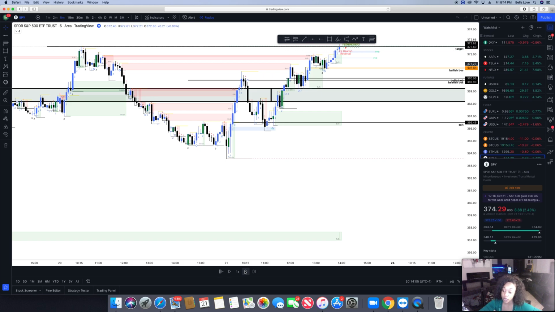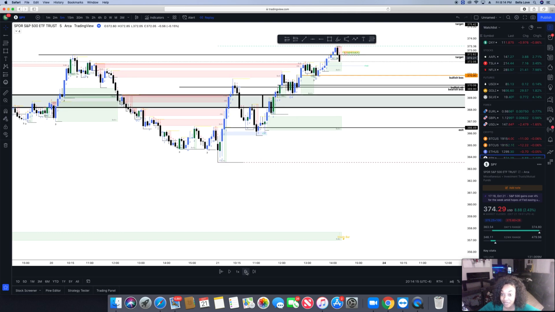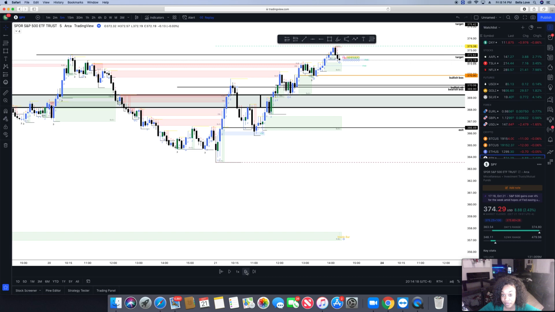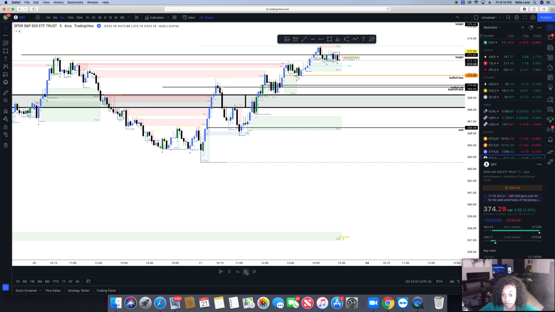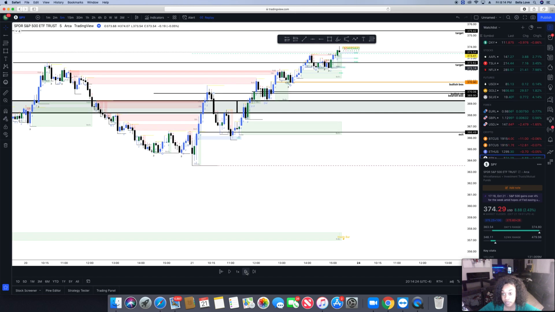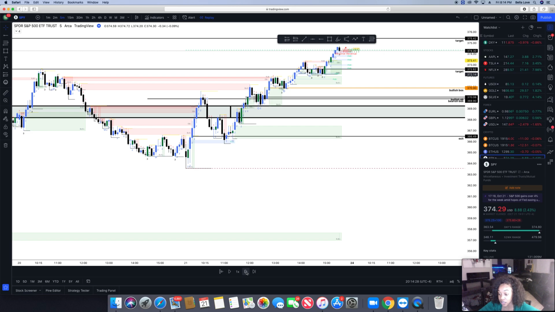So that is when buy side liquidity was taken out. And when buy side liquidity is taken out, usually there's a run over, so it'll go up more. It's not done dropping. It's going to go up more into the next zone.